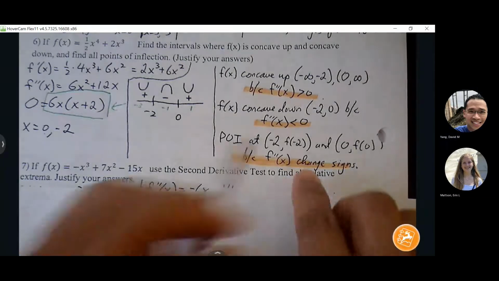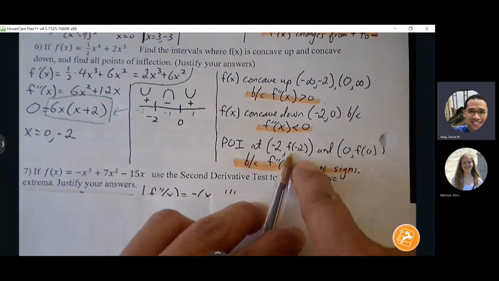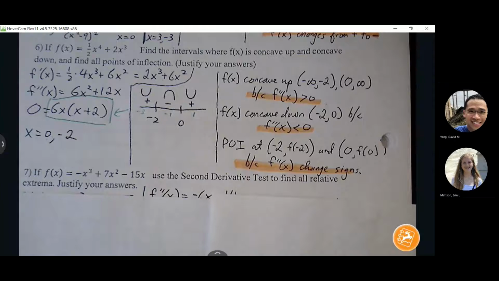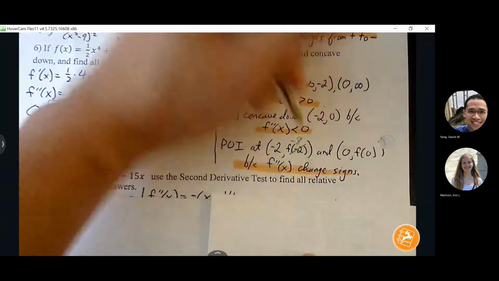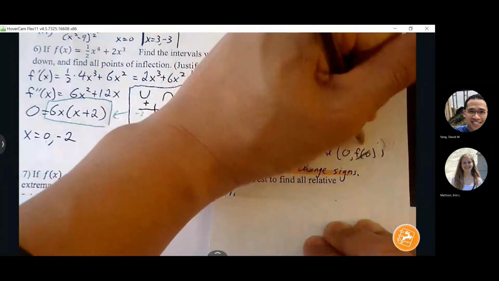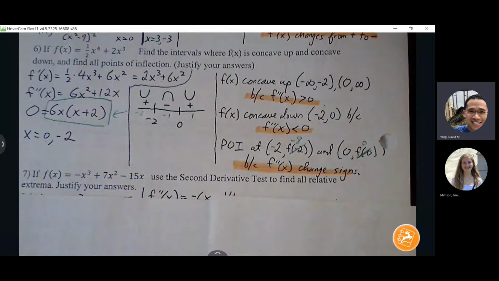Oh, I put f -2, but I meant to plug it into the original function and actually get those y values. -2, -8, and 0, 0.